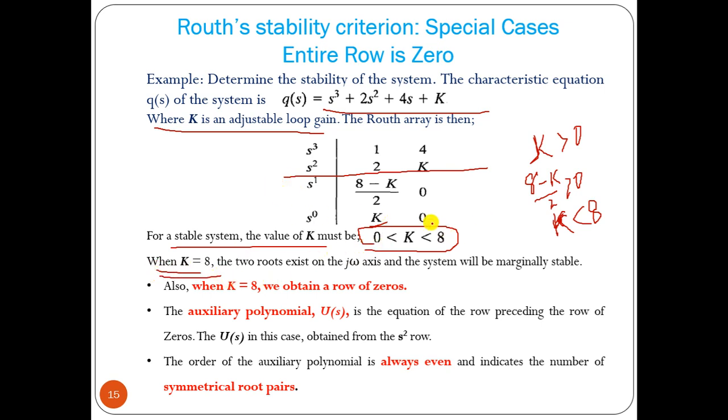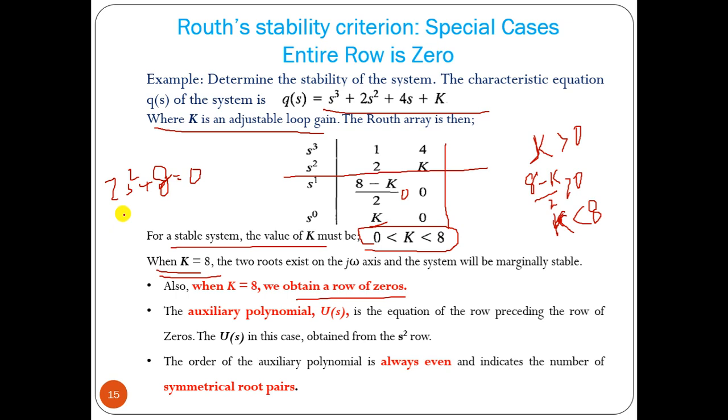Okay, if we put k equal to 8 here, this row becomes 0. The entire row becomes 0. Then we have to form the auxiliary polynomial, 2s squared plus 8, with k equal to 8, equal to 0.